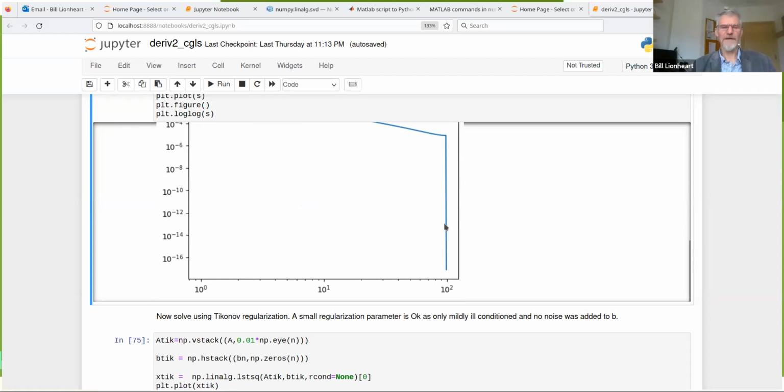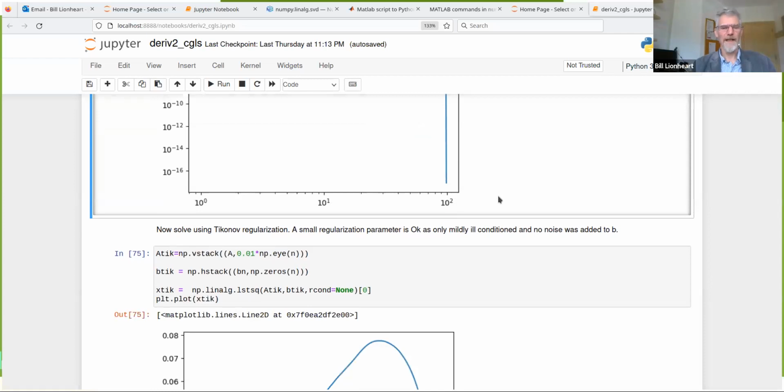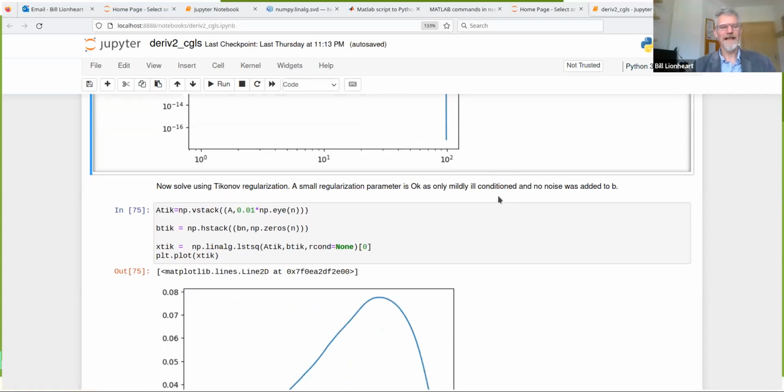So maybe it's down to the implementation. Perhaps you'd like to look at that and see what that null space is. You could plot the last singular vector and see what it is exactly that we can't find. But I think it will be revealed later on in this case. So it's mildly ill-posed, but it does have a definite null space. So it's going to be hard enough to do.